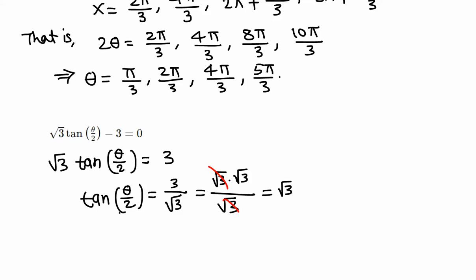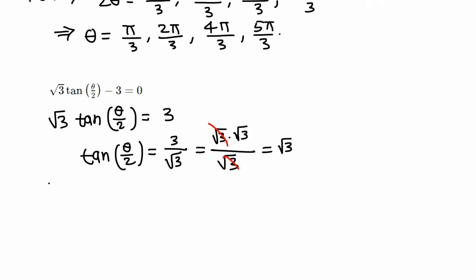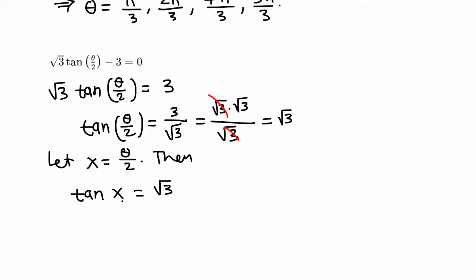Theta over 2 is not a nice angle, so let x be theta over 2. Then this equation becomes tangent x equals root 3. Now we want to find the angles x whose tangent is root 3. Tangent is positive, so that will be in the first and third quadrants.